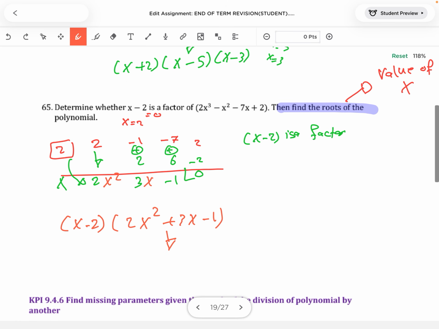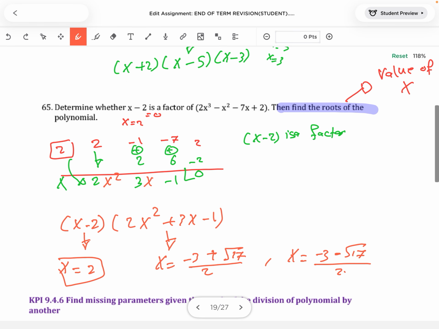Mod 5.3 of this one, you will get x equals negative 3 plus radical 17 over 2, or x equals negative 3 minus radical 17 over 2, or the first one, x equals 2. So these are the roots. This is the end of part number 2. Thank you so much.